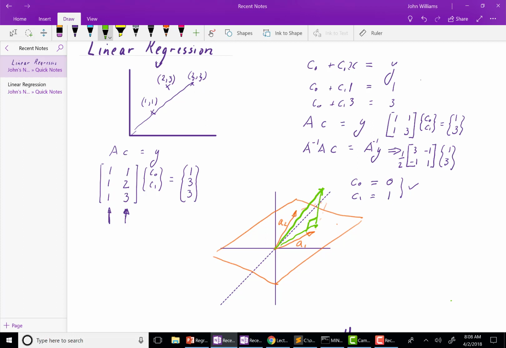What right-hand sides can we solve for? Anything in that plane of A1 and A2. But now I have a right-hand side that doesn't lie in that plane. Let me call this right-hand side B. B doesn't lie in the plane, but I can get a projection of B.